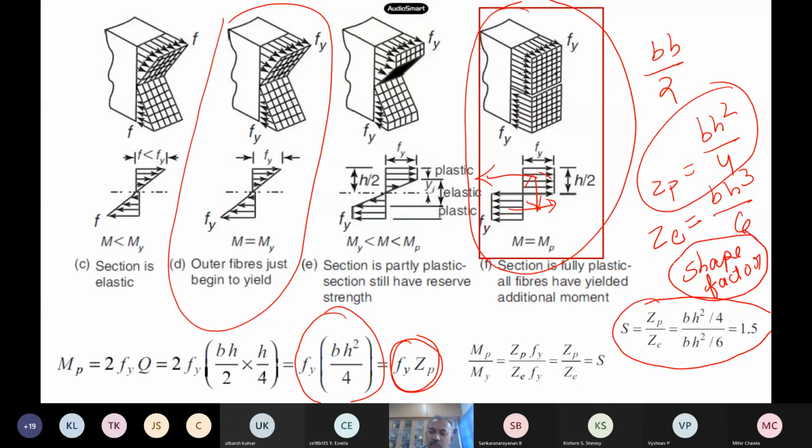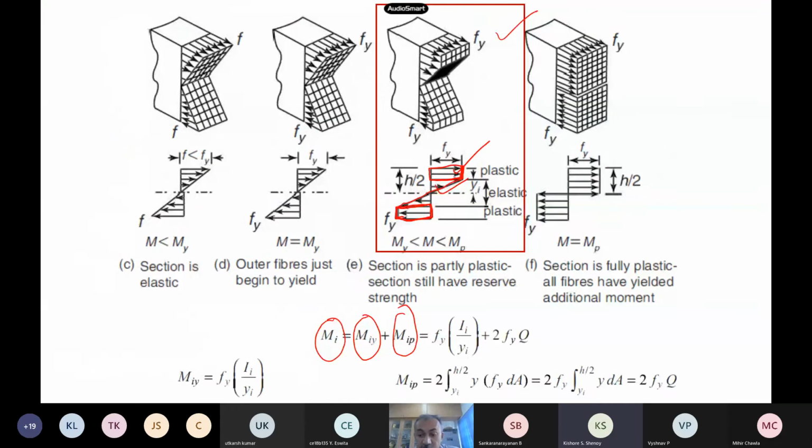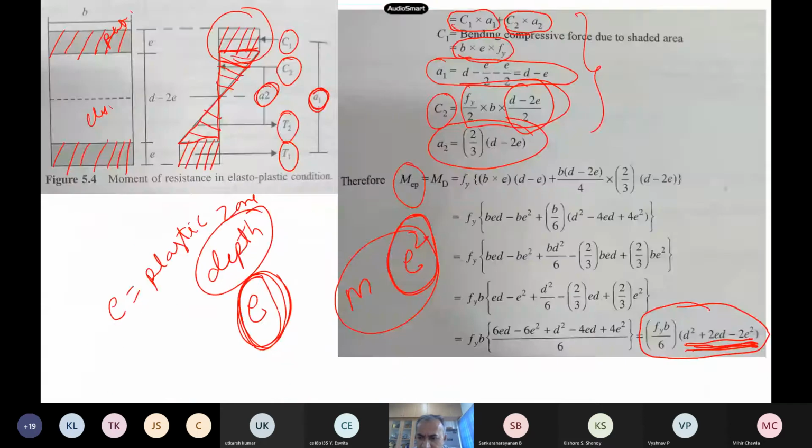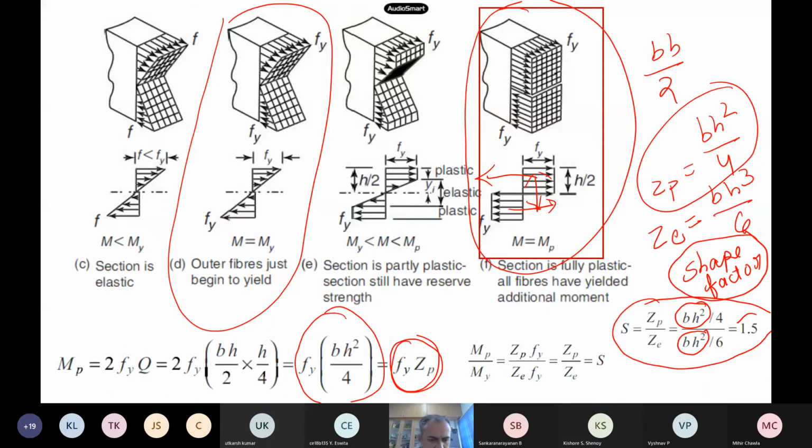So now tell me. Sir, Zp and Ze are not dimensionally the same. They are the same, right? See, BH square before, here also BH square. BH cube? Oh, okay. No, you wrote BH square. See here, I think somewhere there is a mistake. But anyway, finally they should be the same only.